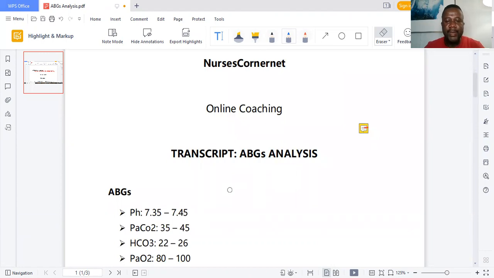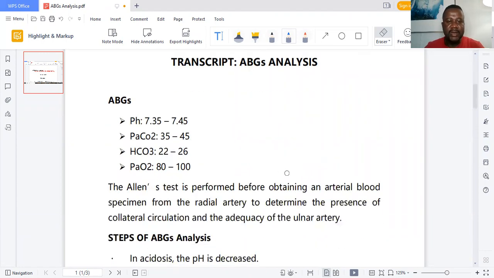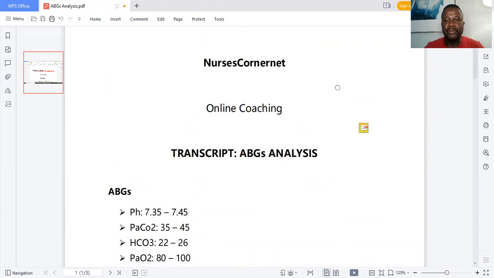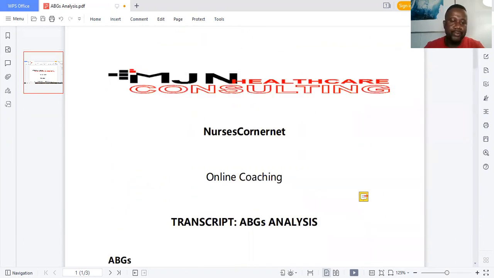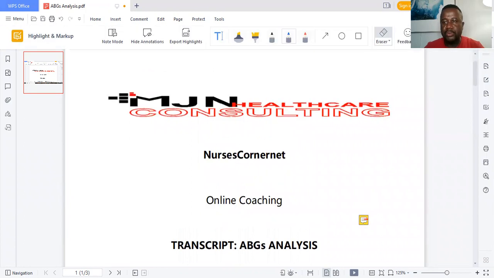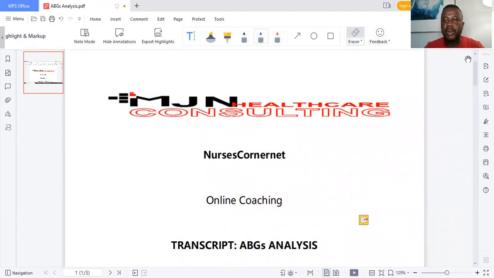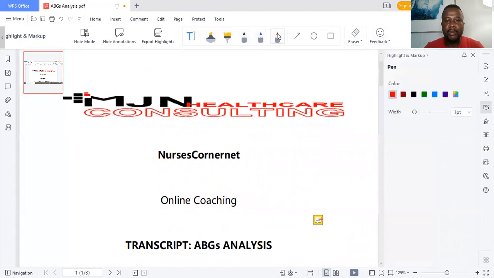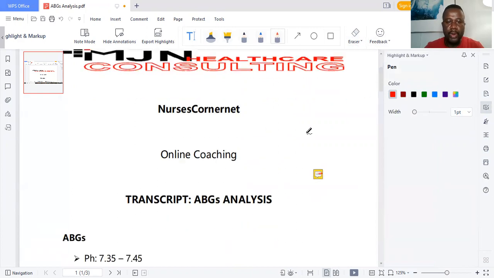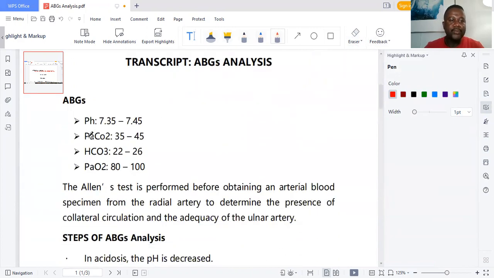Okay, ABG analysis. So what we need to know, you have to know these values. You have to know the range of the pH values. The pH values range from 7.3 to 7.4.